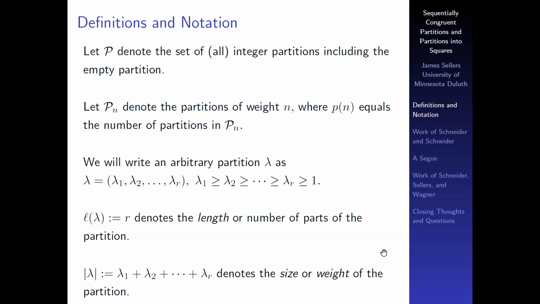And we're going to let the norm of lambda, the absolute value of lambda, basically be simply the weight of lambda. It's going to be the sum of the parts in the partition lambda, lambda 1 plus lambda 2 up to lambda r, all summed together. That's going to be the norm of lambda. And we'll worry about length and number of parts and weight of partitions throughout the talk. So we're going to want to be very clear about what parameter it is we're studying as we go.